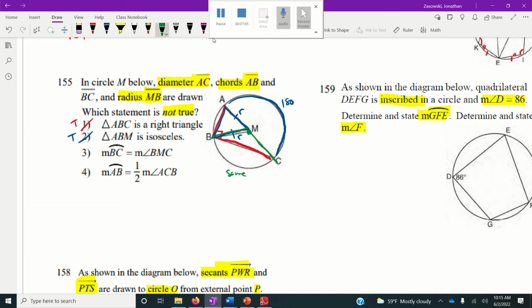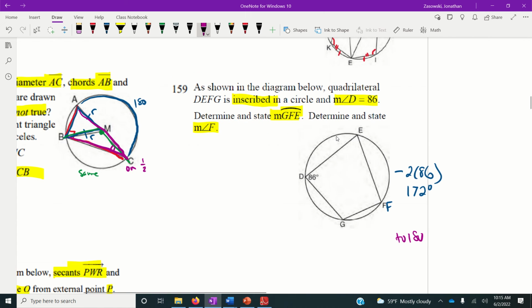So the arc equal to the angle is also true, which means our correct choice is going to be choice number 4 because angle ACB, which is this angle right here, is on the circle, and it's supposed to be half of the arc. But it says that it's half the angle. So the half should be over here. Or, instead of this being half, this should be times 2 instead of a half. So that is going to be our answer.